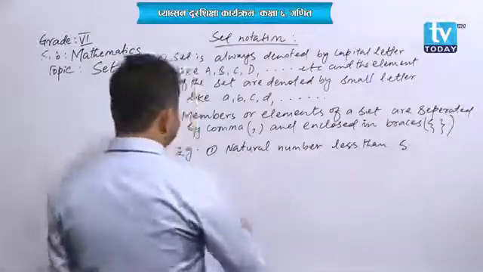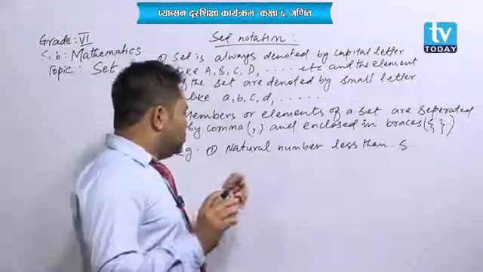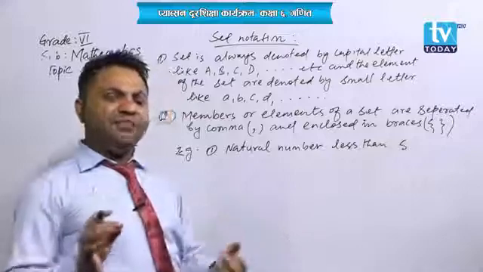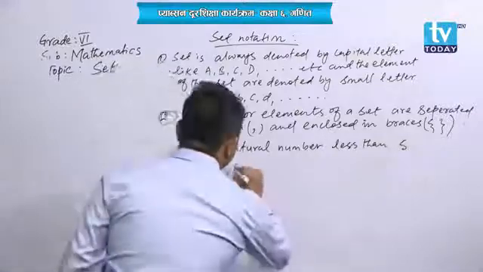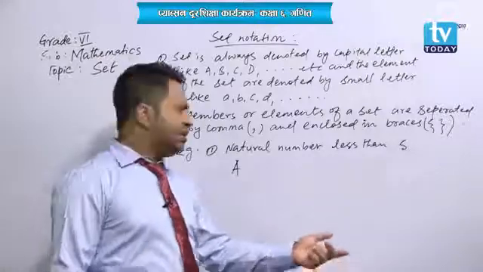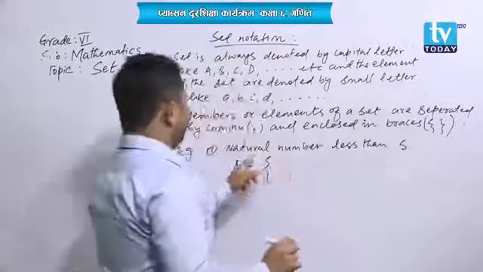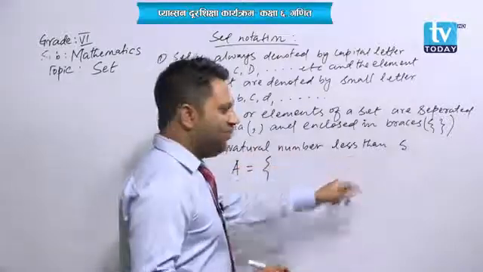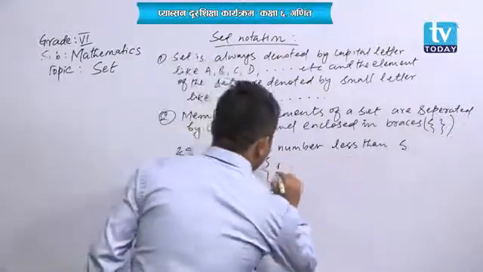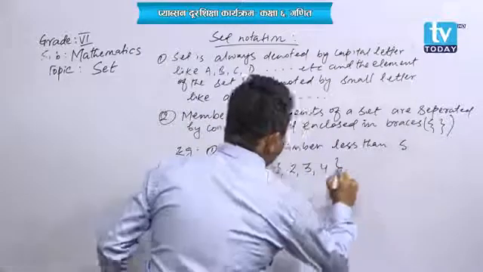In set notation, how to write? You can denote this set by any alphabet like capital A, B, C, or D. A is equal to natural numbers less than 5, that means 1, 2, 3, 4.